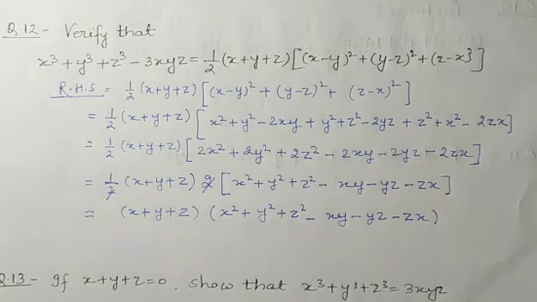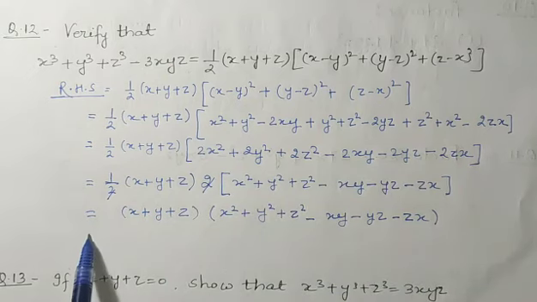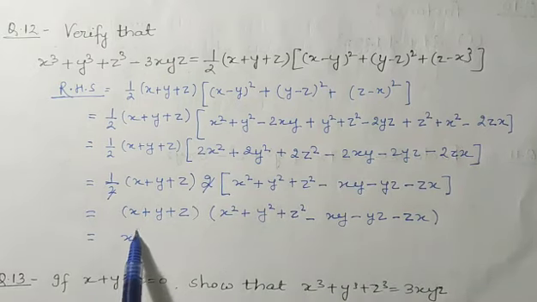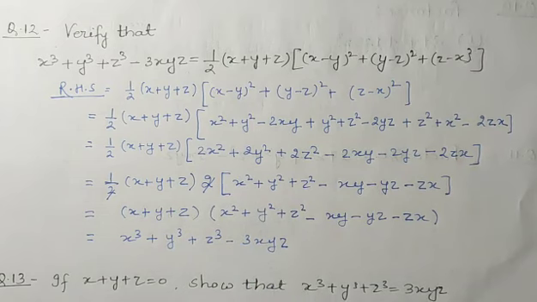Okay, now students, this is the formula, this is the identity, that x plus y plus z into x square plus y square plus z square minus xy minus yz minus zx. This is the formula of what? This is the formula of x cube plus y cube plus z cube minus 3xyz.